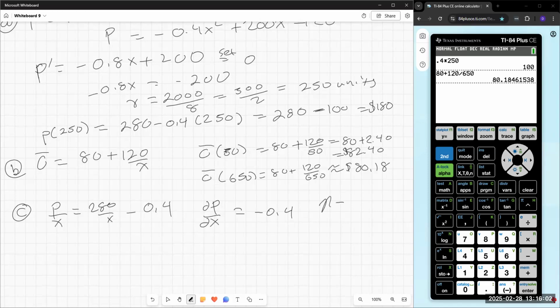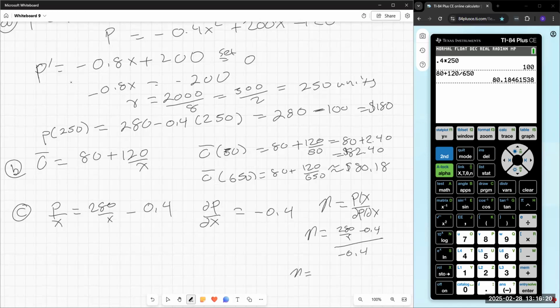So eta is going to be P over x over dP dx. Eta is going to be 280 over x minus 0.4 over negative 0.4.